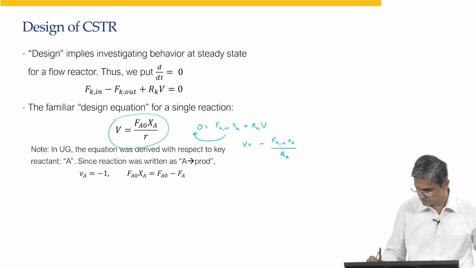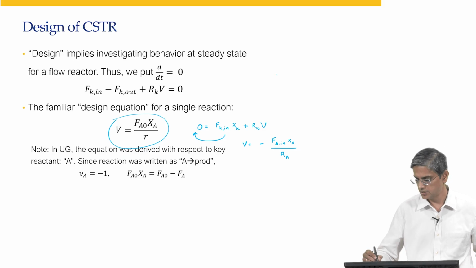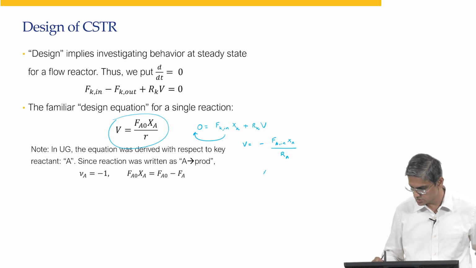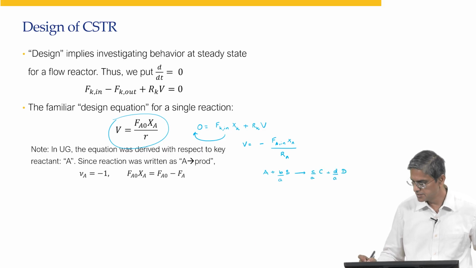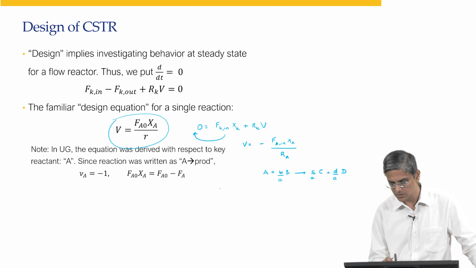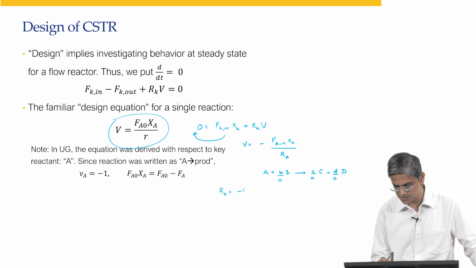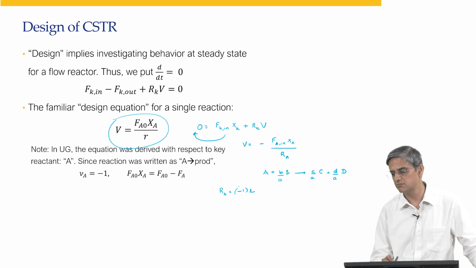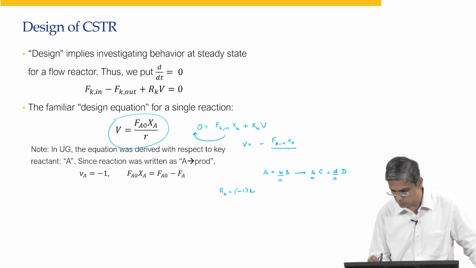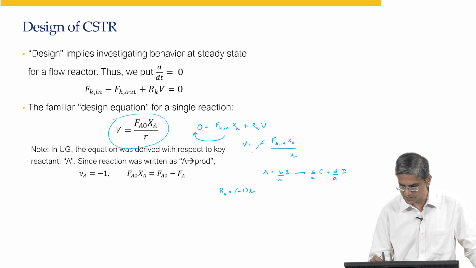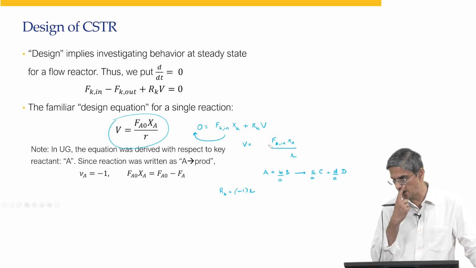Ra. And if our reaction was written in terms of A plus B going to C, then our Ra is just minus 1 multiplied by R. So we replace this by minus 1 multiplied by R, minus and minus goes away.